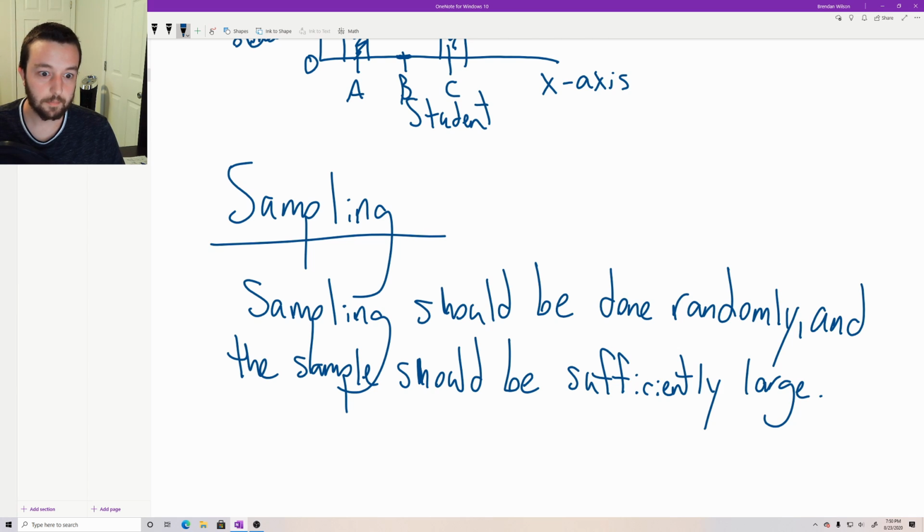Now, with the large part, obviously in some studies there are going to be limitations. Just as an example, at Simmons, every semester we ask students to fill out a survey about their classes. And some semesters we've only gotten like 40 back out of thousands that we should get back. That's not a sufficiently large sample, but it's what we get, right?